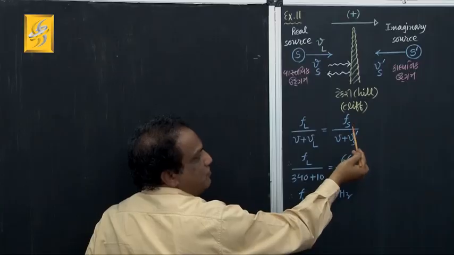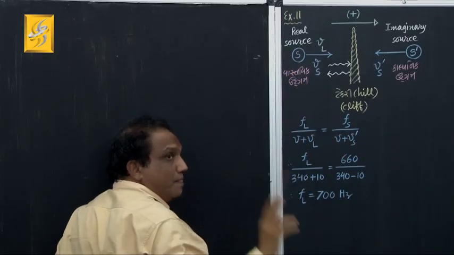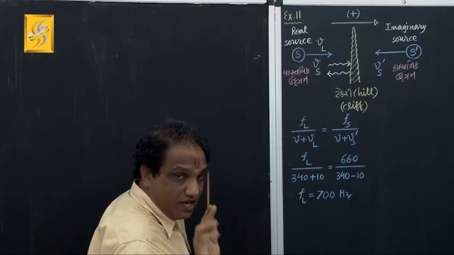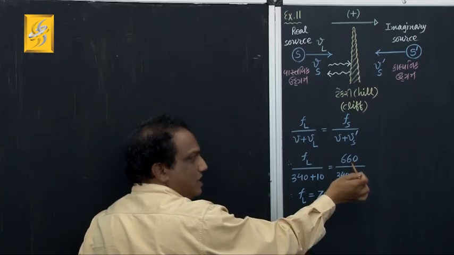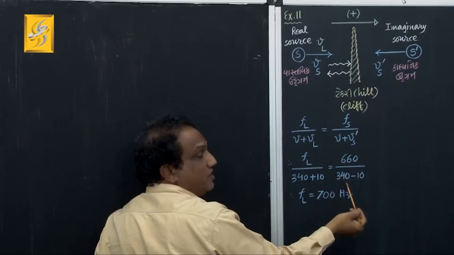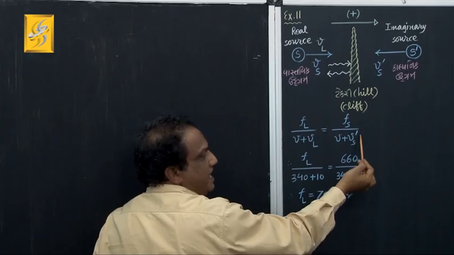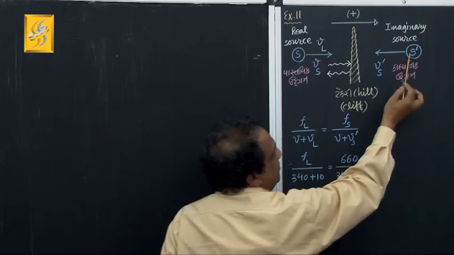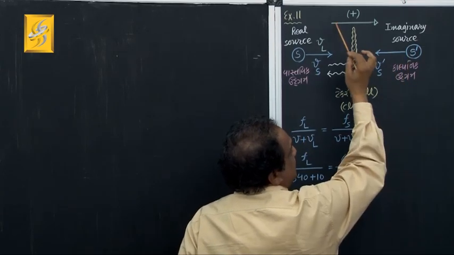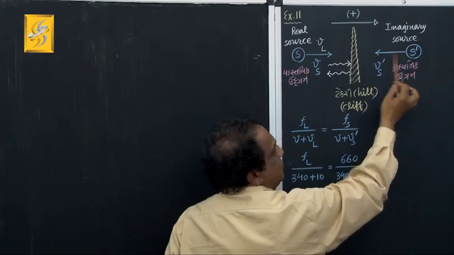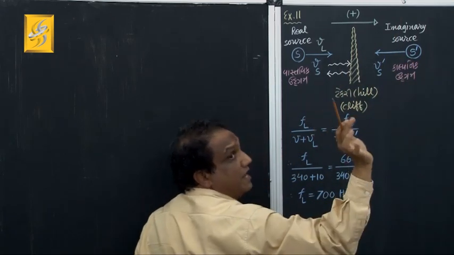This is the frequency of sound actually generated from the source. That frequency of the whistle, they have given 660 hertz. Velocity of sound is 340 meter per second. What about Vs dash? Take care now. This velocity is opposite to this. If it is opposite to this, then you should take it negative.